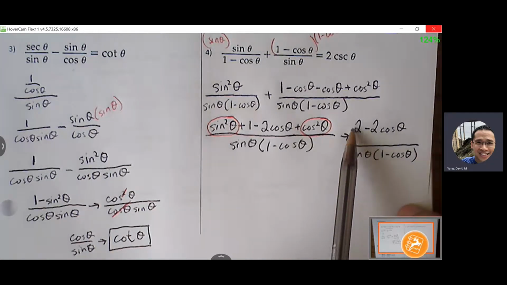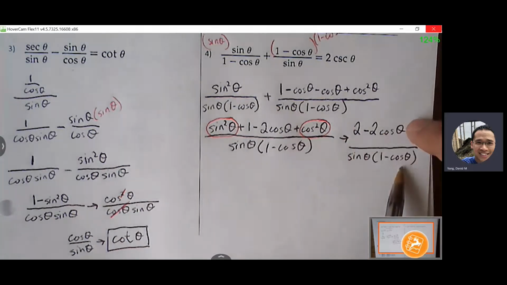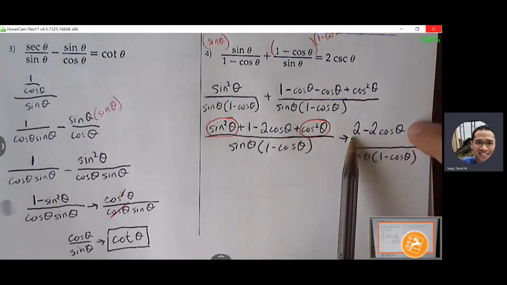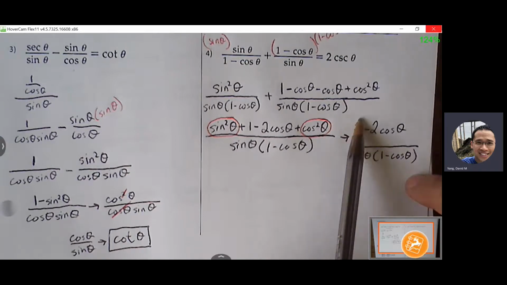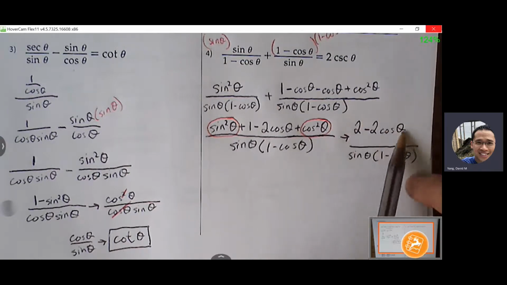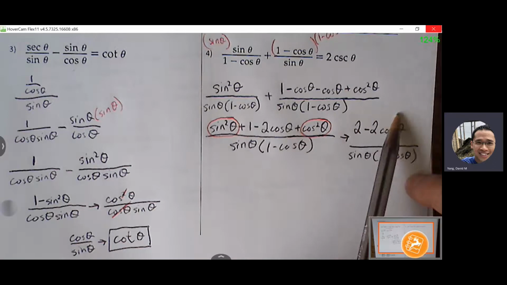So now that we're here, we can see some similarities, right? 2 minus 2 cosine theta looks kind of like 1 minus cosine theta, but I can maybe make it even more similar if I do something with this 2 minus 2 cosine theta. I can factor a 2 out.